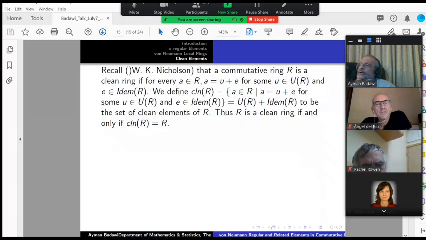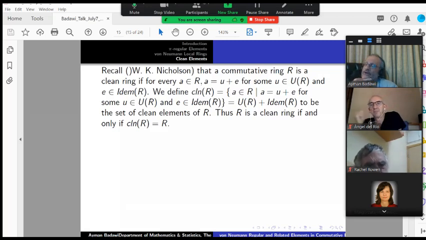And then we studied clean rings, a concept known to many in either commutative or non-commutative rings, in fact. Nicholson started this definition: a ring is clean if every A in R can be written as a unit plus an idempotent.